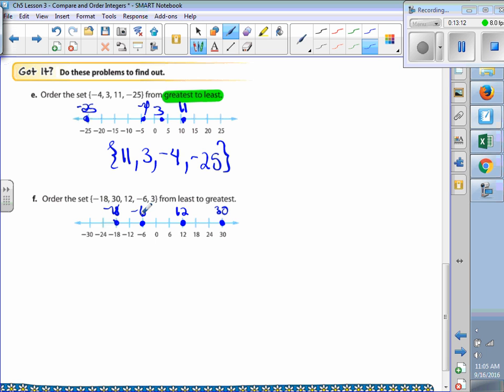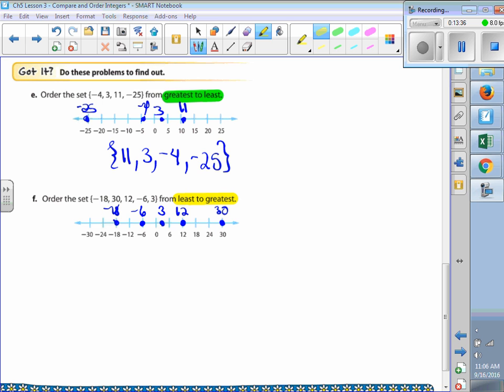And 3 is right in between 0 and 6, right? If we're going from least to greatest, are we going left to right or right to left?